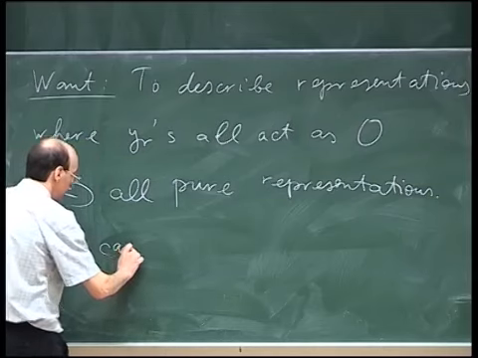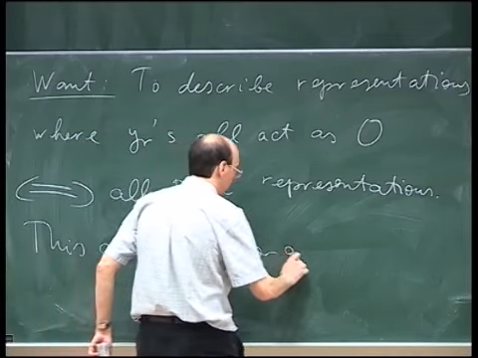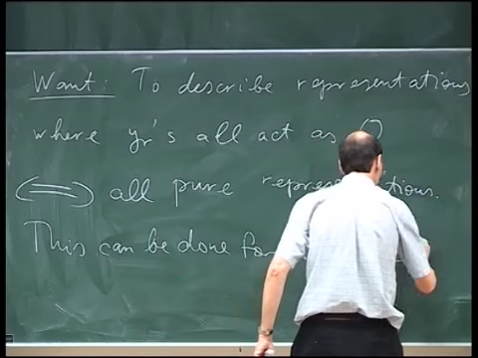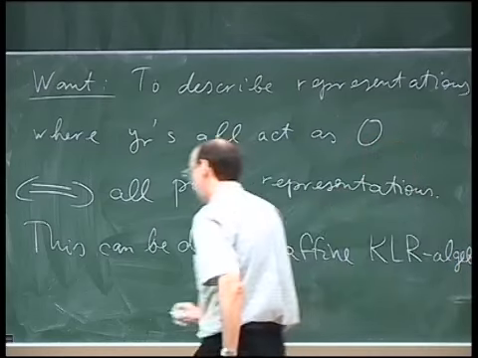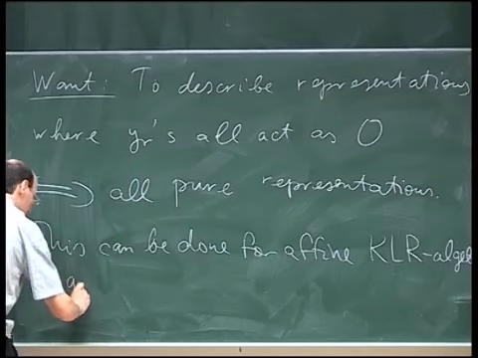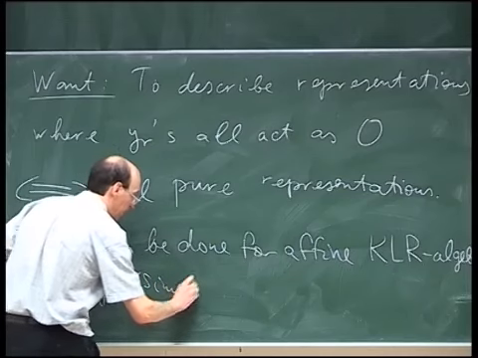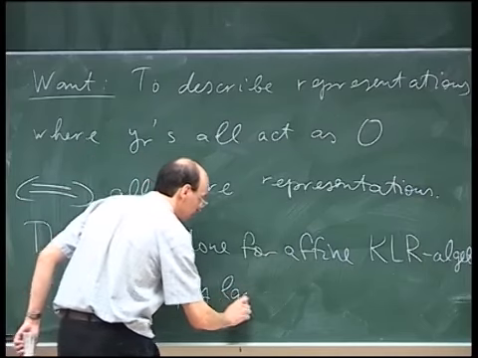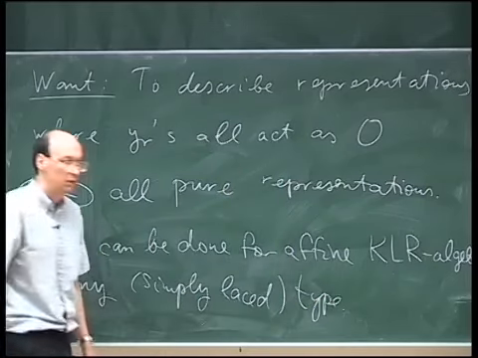So this can be done for affine Havana-Flauder-Hecke algebras of any type, or at least of any simply laced type. It could be done for any type, but let me concentrate on simply laced. Not just type A, but for any type.